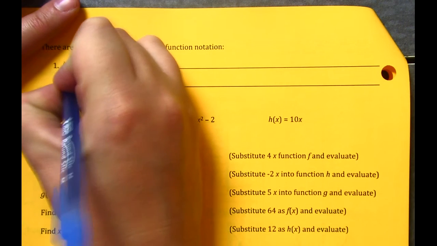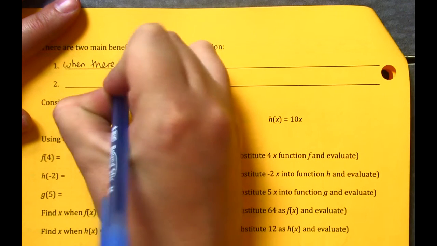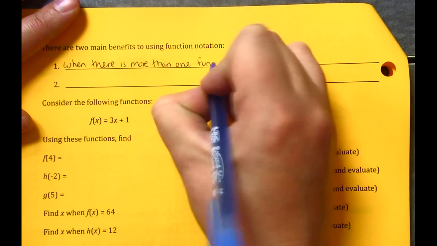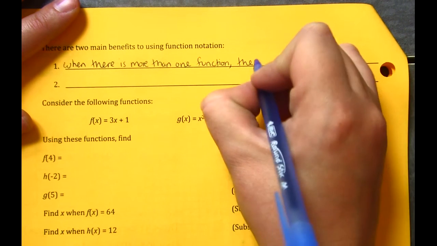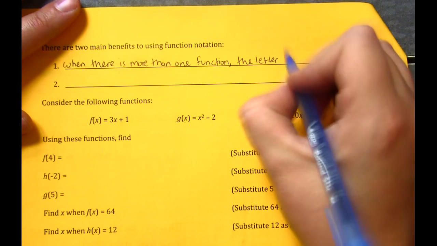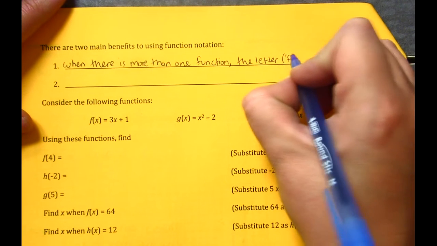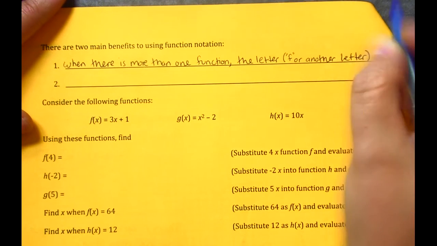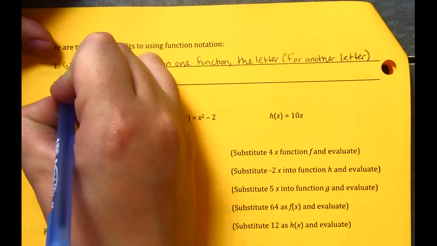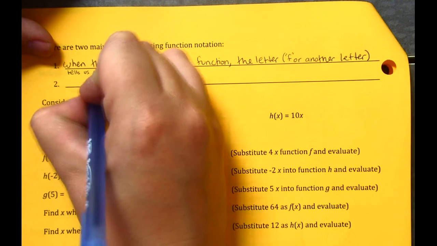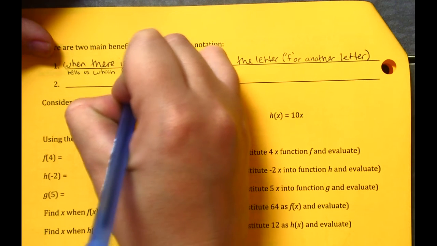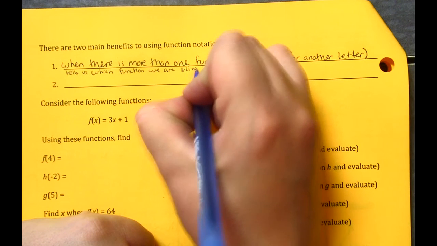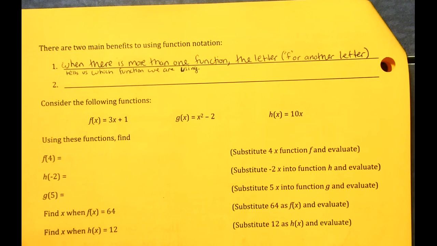So when there is more than one function, the letter in parentheses, f or another letter, tells us which function we are using.